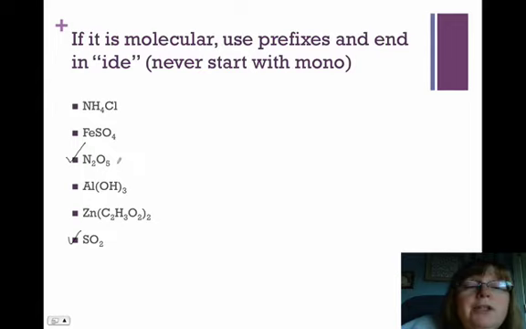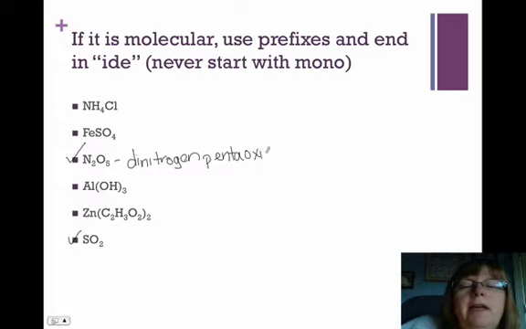The prefix for two is di, so it is dinitrogen. We have five oxygens, and the prefix for five is penta, and we're going to end in ide: dinitrogen pentaoxide.